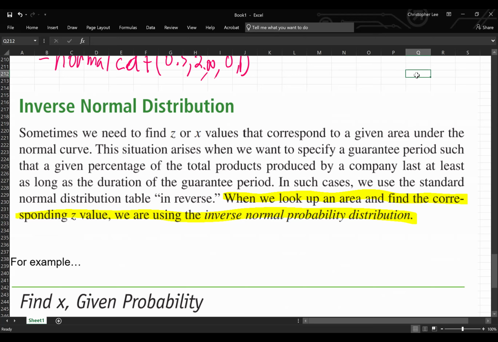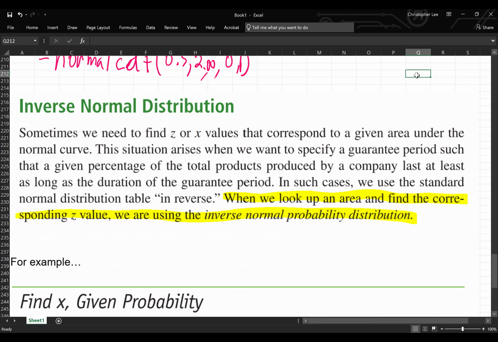So inverse normal distribution. Sometimes we need to find the z or the x value that correspond to a given area under the normal curve, right? This situation arises when we want to specify a guaranteed period such that a given percentage of the total products produced by a company last at least as long as the duration of the guarantee period.